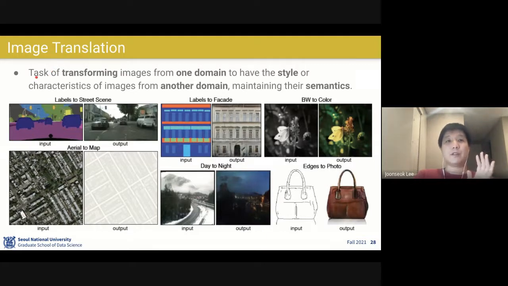Image translation is the task of transforming images from one domain to have the style or characteristics of images from another domain, while maintaining their semantics. Here are some examples. Suppose you have one domain like this, the aerial map, and the other is the actual map.